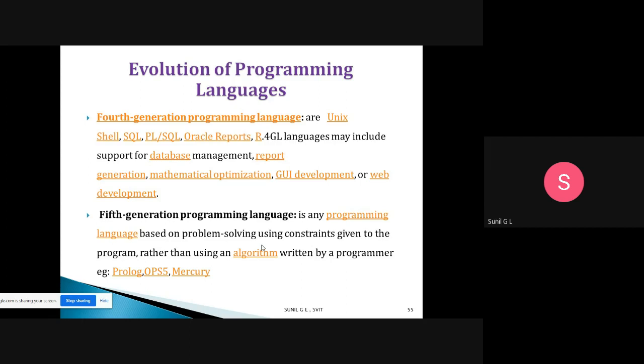Prolog, OPS5, and Mercury are examples. These languages provide the problem solving constraints to the programmer instead. This is the fifth generation, and these are the evolution of programming languages.